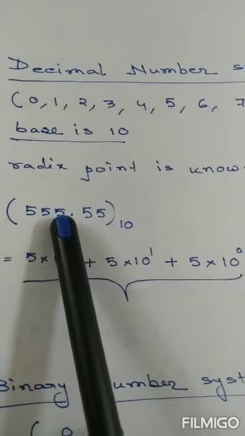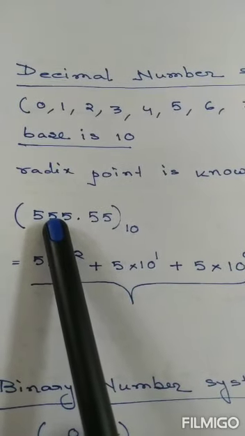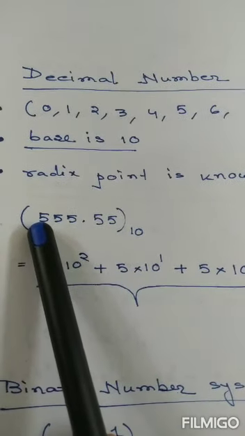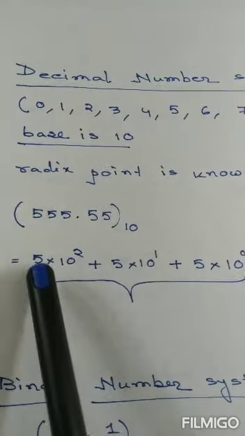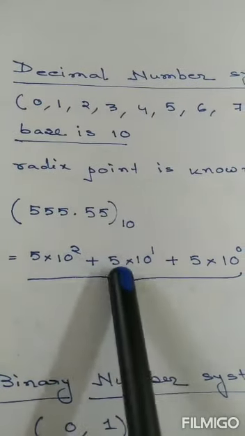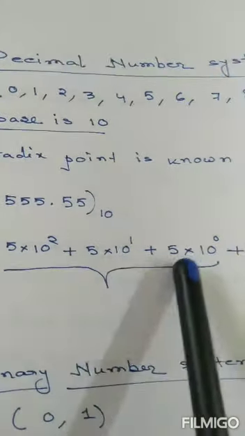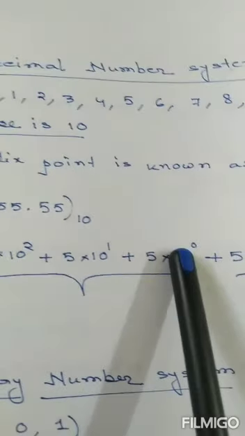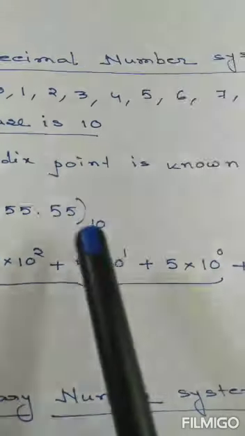Because the base is 10. The second 5 is 10 to the power 1, and this one is 10 squared. So the value is 5 into 10 squared plus 5 into 10 to the power 1 plus 5 into 10 to the power 0. Now come to the fraction part.